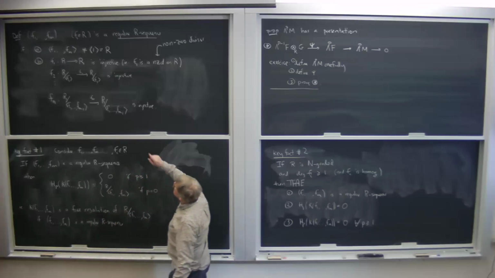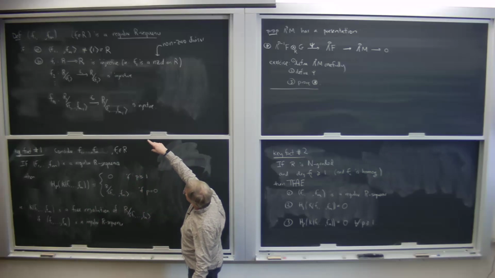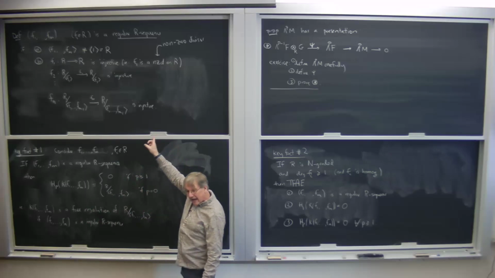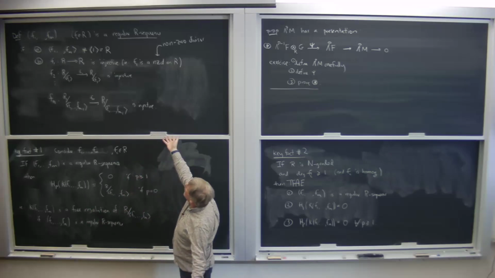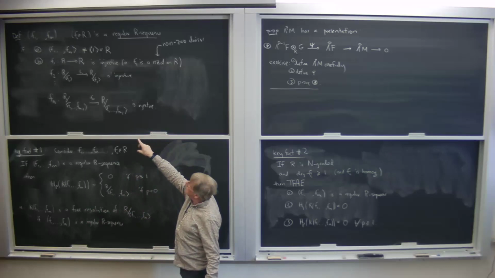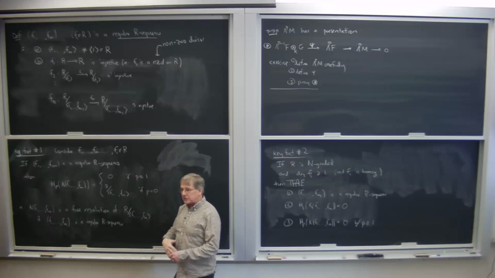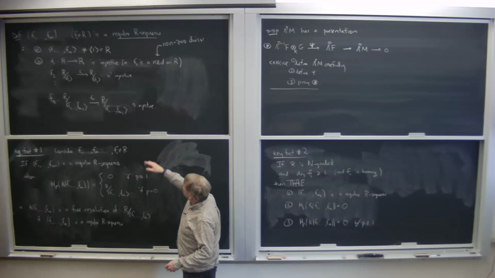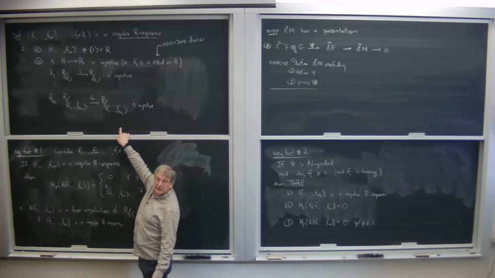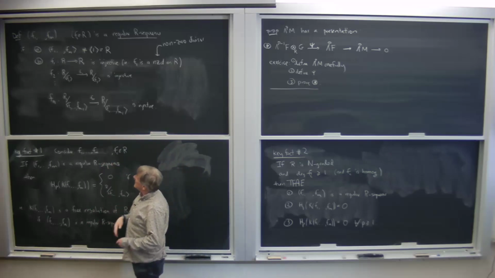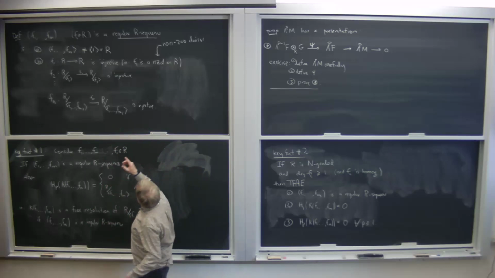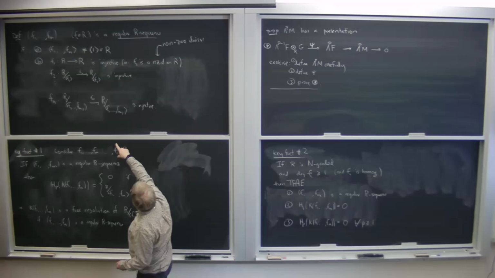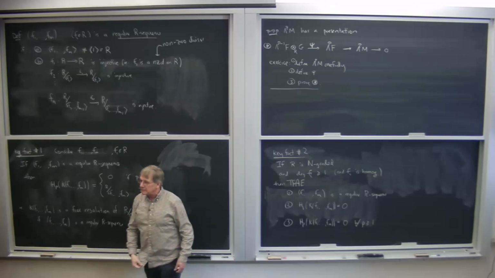The reason is that each time you do this, you drop the dimension by 1. So R, whatever dimension it has, if this is a regular sequence, the next one down, R mod F1, has dimension 1 less. You keep going, and if you finally hit dimension 0, then the next one can't possibly work. You're going to fail the fact that one of these maps is injective.